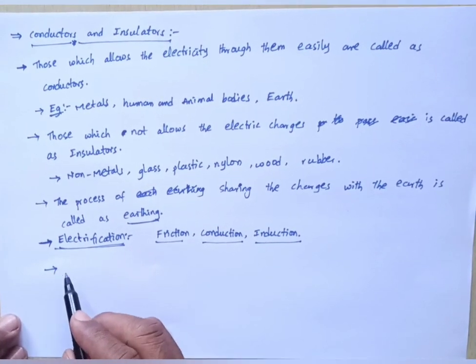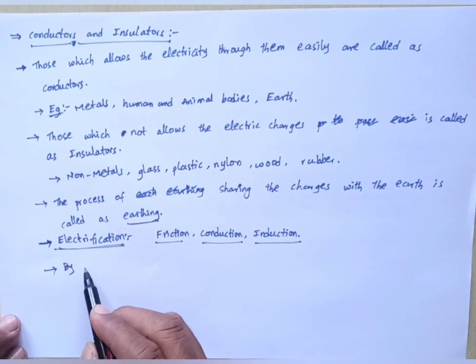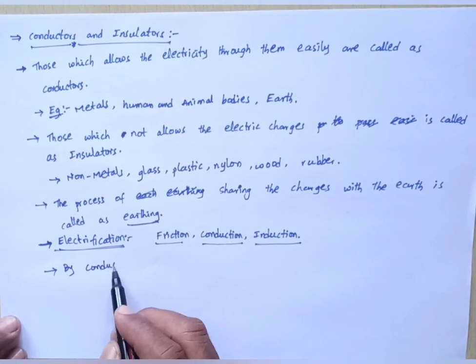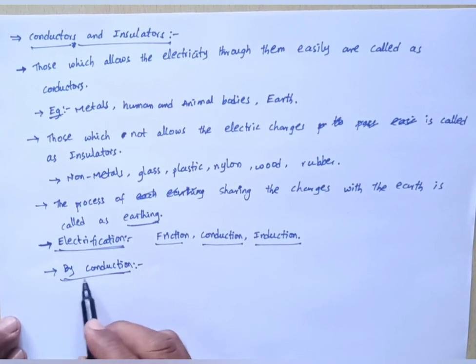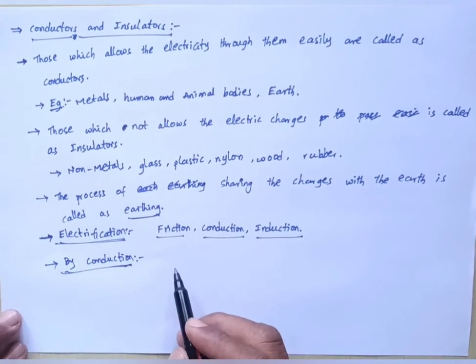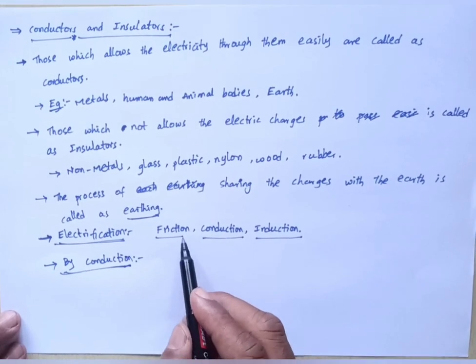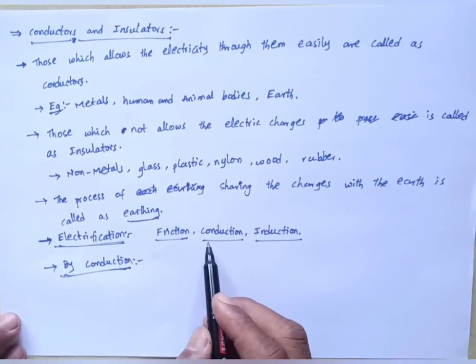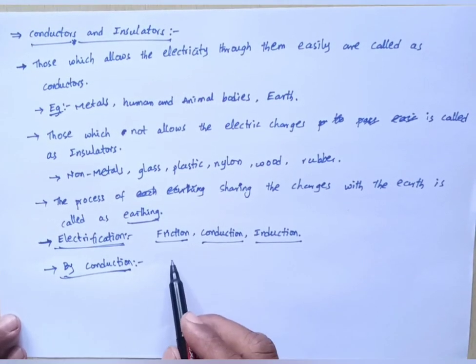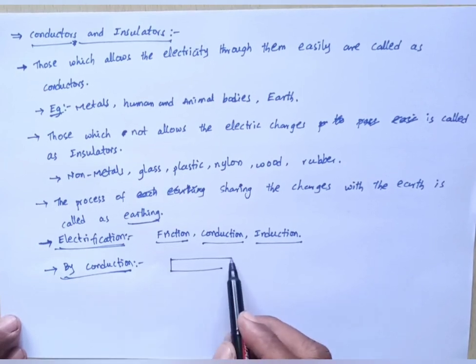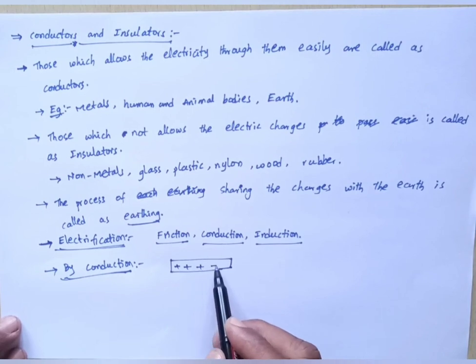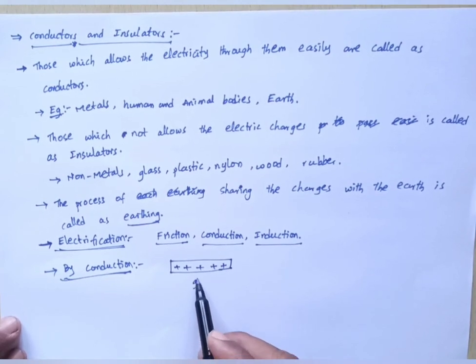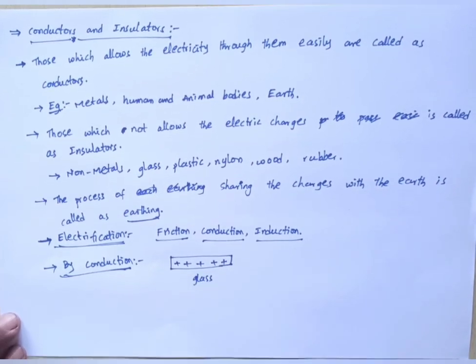Second one, by conduction. Conduction is when a charged body touches a neutral body. For example, this glass rod is positively charged.